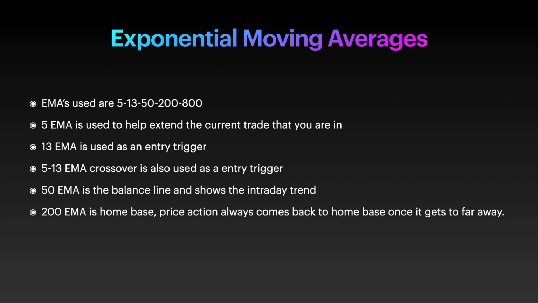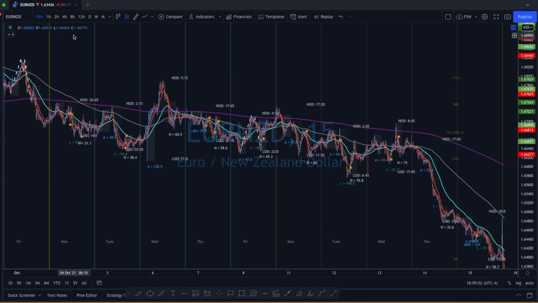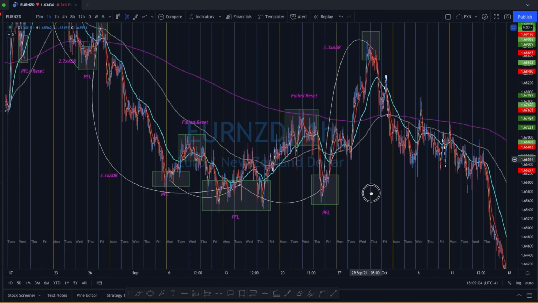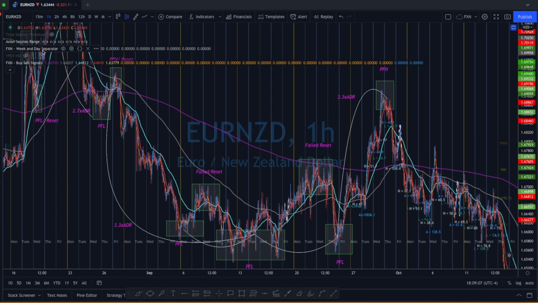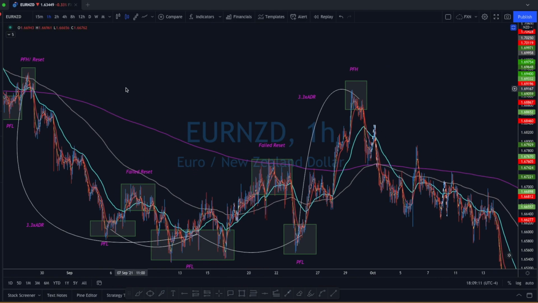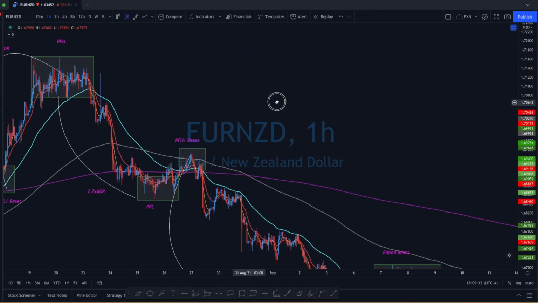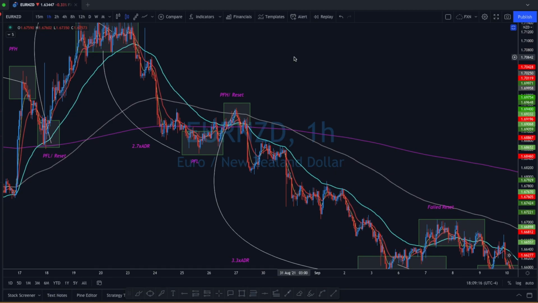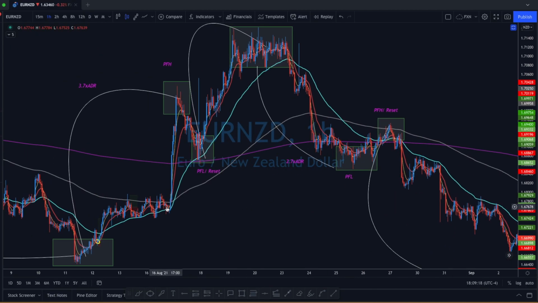If you go look at a chart, you will notice that every time a big move happens and price gets too far away from this gray line, which is the 200, it has to come back home to home base.